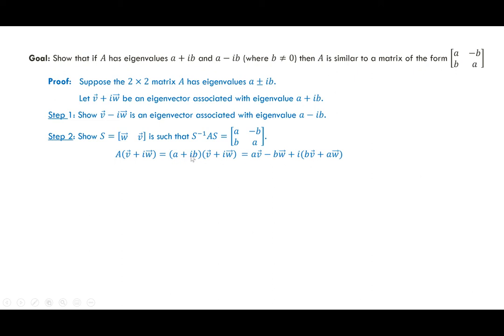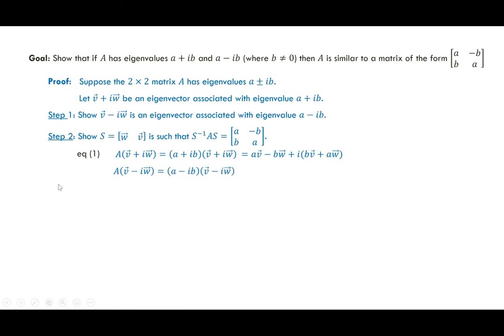And then we've got plus ibV, and then plus iaW. Factoring out the i, we get this. Just simple complex algebra. That was fun to say. Okay, let's call this equation 1.